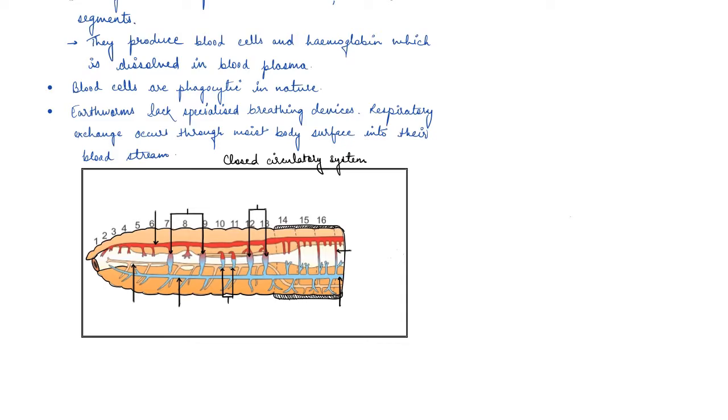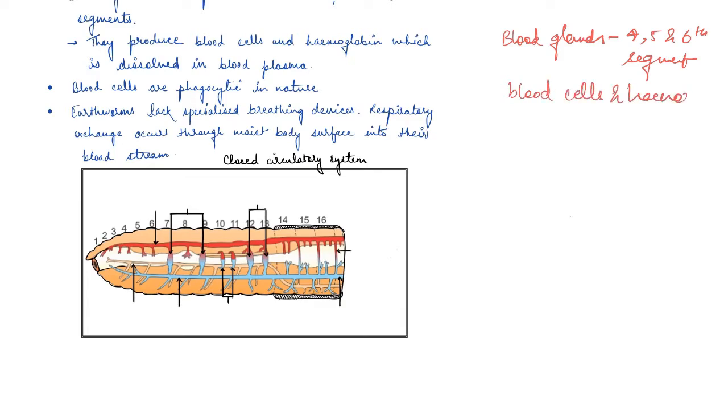And they have blood glands, which are present in the fourth, fifth, and sixth segments. These blood glands produce blood cells and hemoglobin, right? And these are dissolved in the blood plasma.